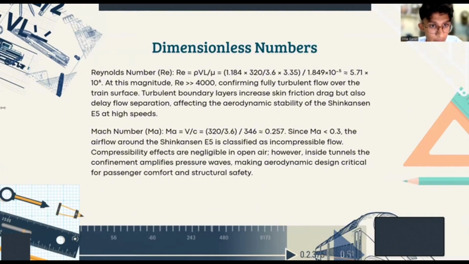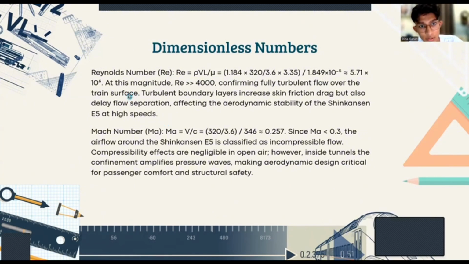So, we can see that Reynolds number equals rho VL over mu, that is 1.184 multiplied by 320 over 3.6 multiplied by 3.35 over 1.849 multiplied by 10 to the power of negative 5, which equals 1.71 multiplied by 10 to the power of 6.